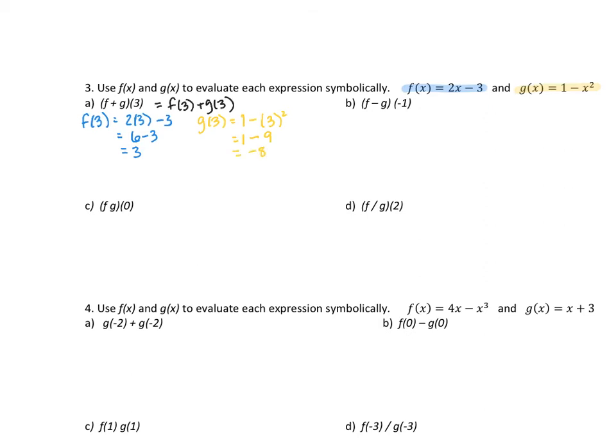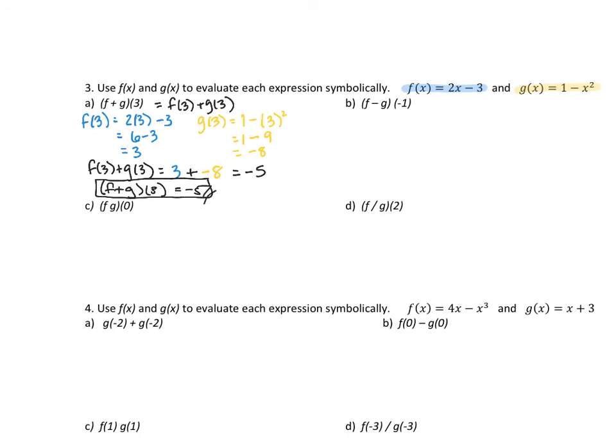So when I look at our overall problem, we want f of 3 plus g of 3. f of 3 is just 3, and we'll add our g of 3, which is a negative 8. When I plug all of this into my calculator or do it in my head, we get that our overall answer is a negative 5. So we can say that f plus g of 3 is equal to negative 5.